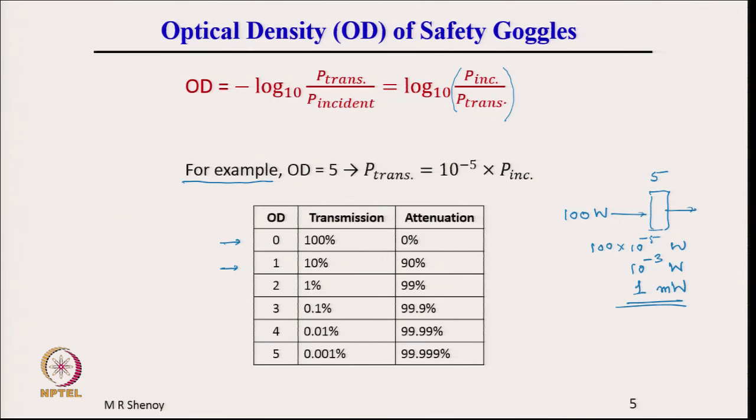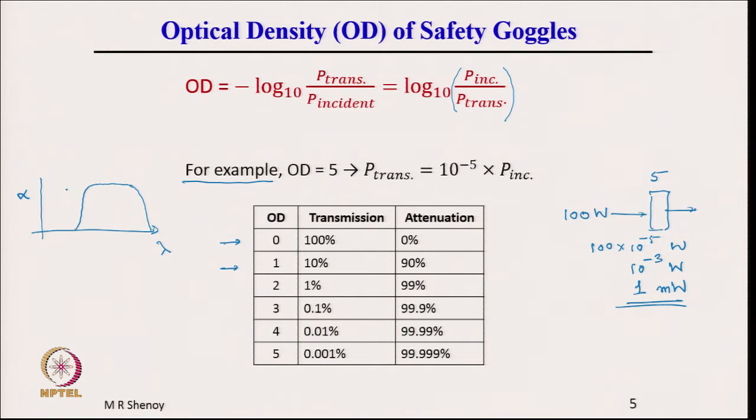Now, one other point is, this is okay if you are using an Nd:YAG laser. All these safety goggles have a stop band and a pass band. If you plot it as a function of lambda, the attenuation alpha, then if you are operating an Nd:YAG laser, generally it will have a stop band.